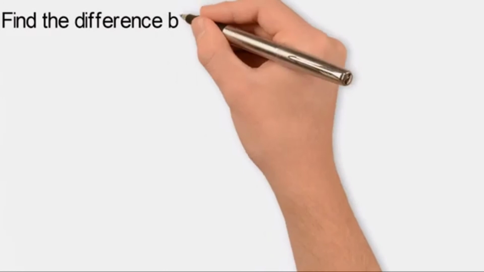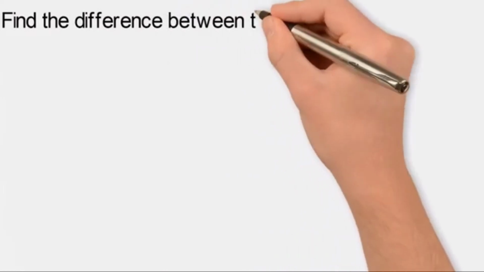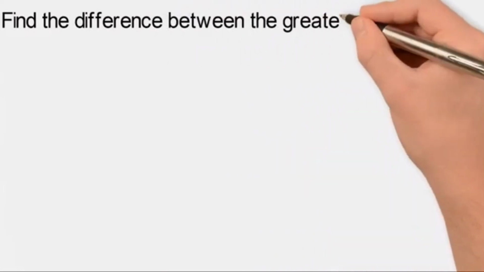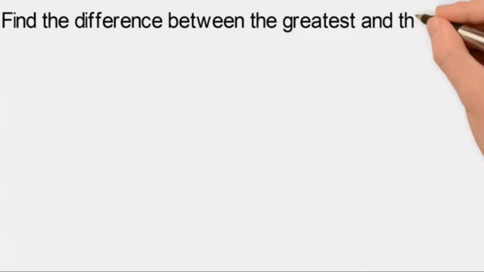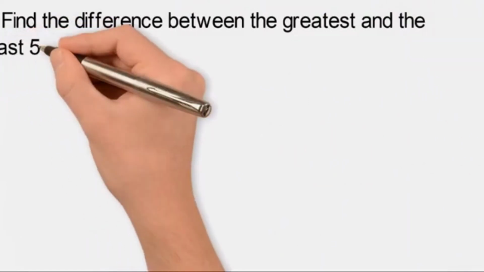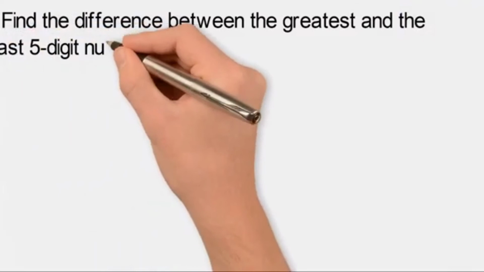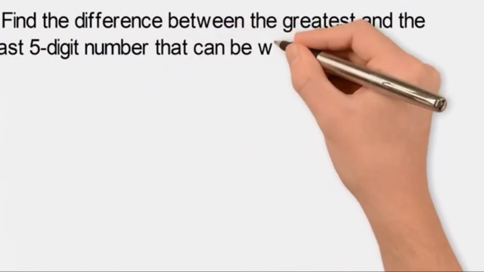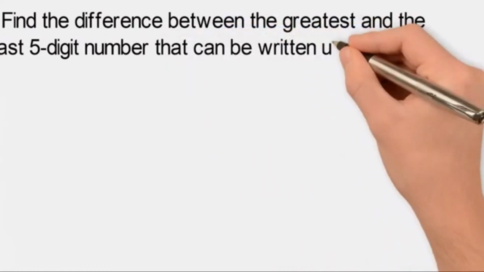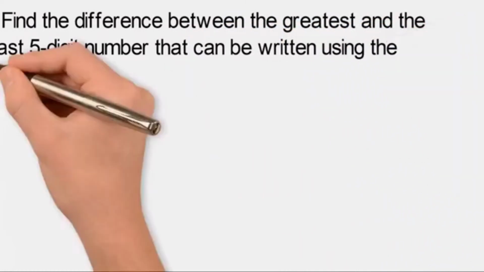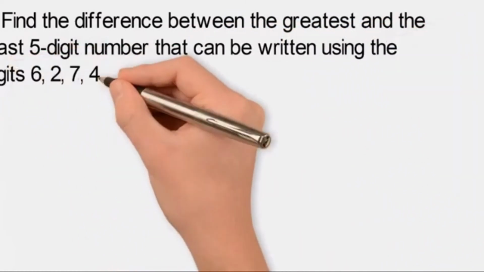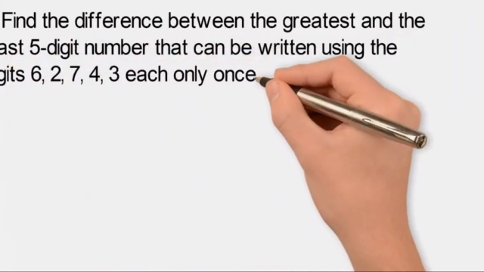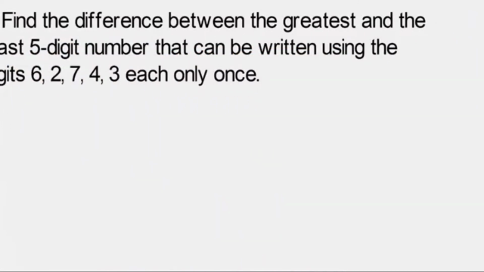Find the difference between the greatest and the least 5-digit number. Find the difference between the greatest and the least 5-digit number that can be written using the digits 6, 2, 7, 4, 3, each only once.